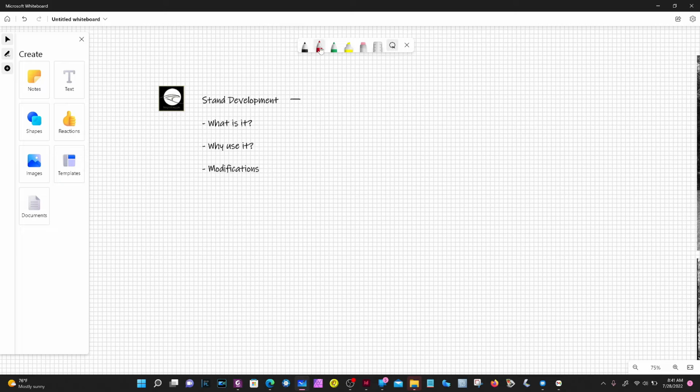One of the fundamental differences between stand development and typical development is you use very little developer. For HC110, people were using about 5 milliliters to about 500 milliliters of water.